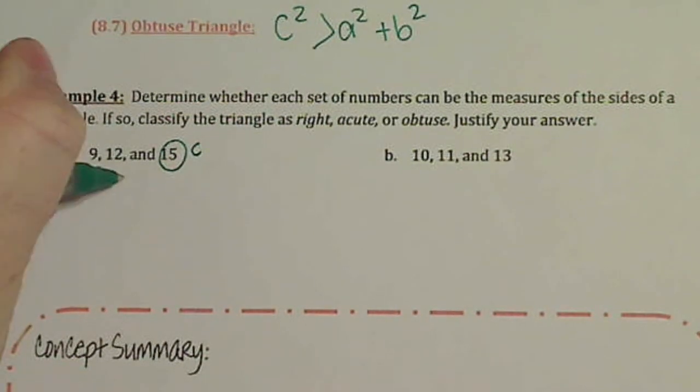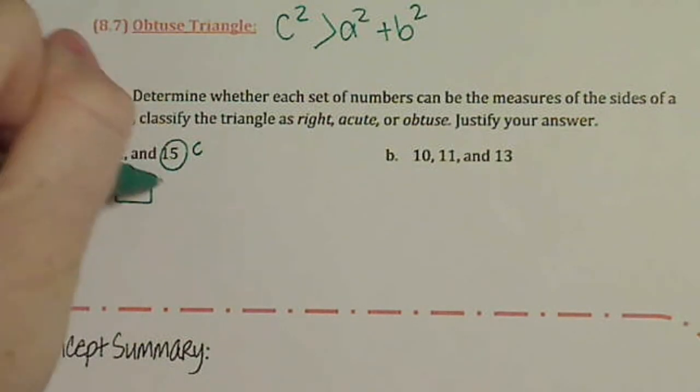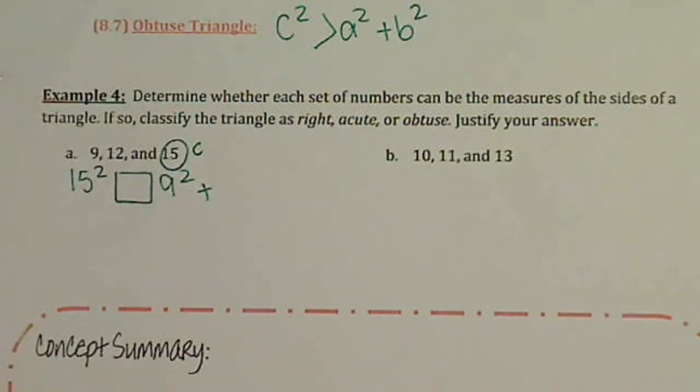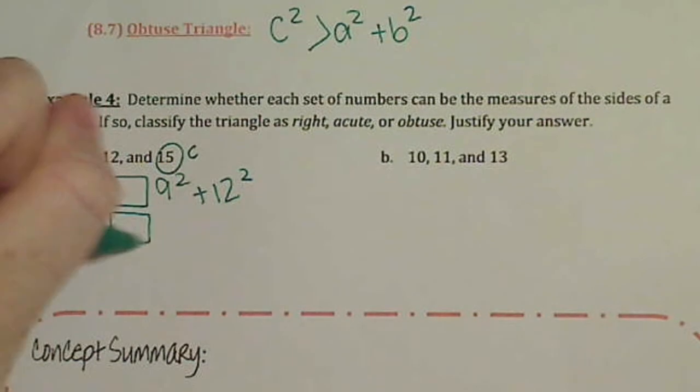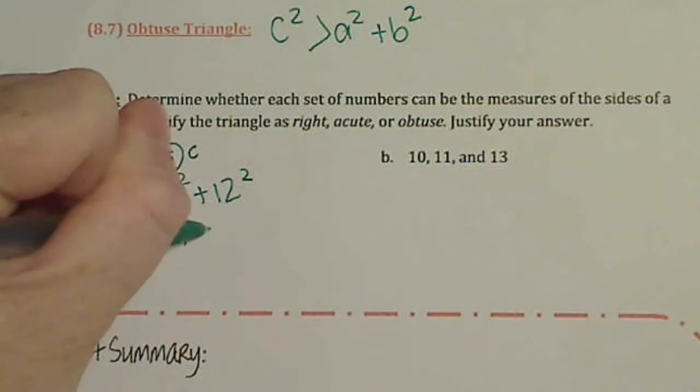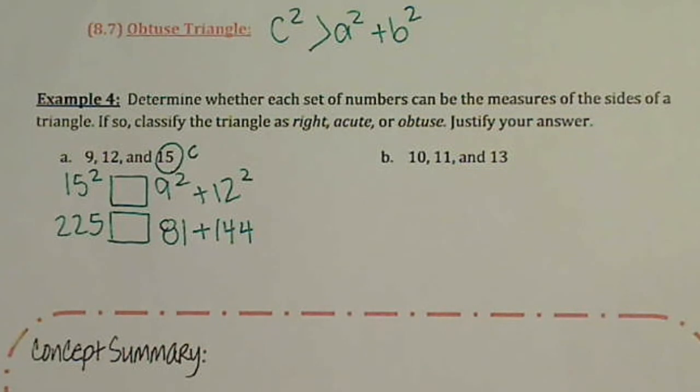So let's plug this in. 15 squared, we don't know if it's equal to, greater than, or less than 9 squared plus 12 squared. Let's find out what it is. First I need to know what 15 squared is. That's 225. And 81 plus 144. So I'm going to add those two together.